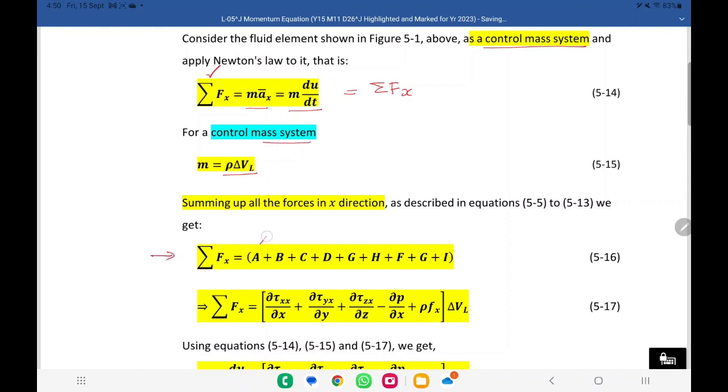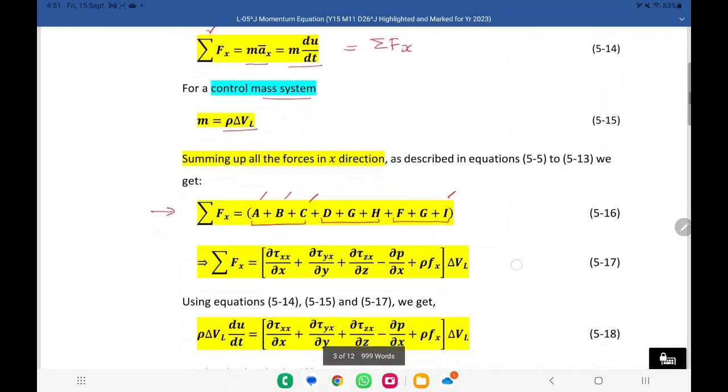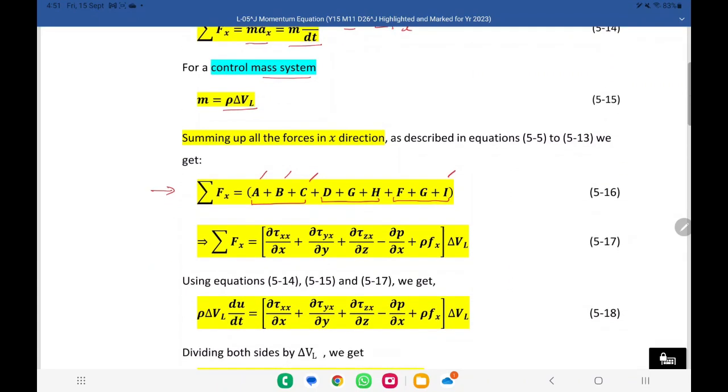Sigma is the sum of all these forces. These are 9 forces, right? 3, 3 and 3. So okay, 9 forces. All of them are working in x direction. On the body you sum it up, and when you sum it up you will get these forces.